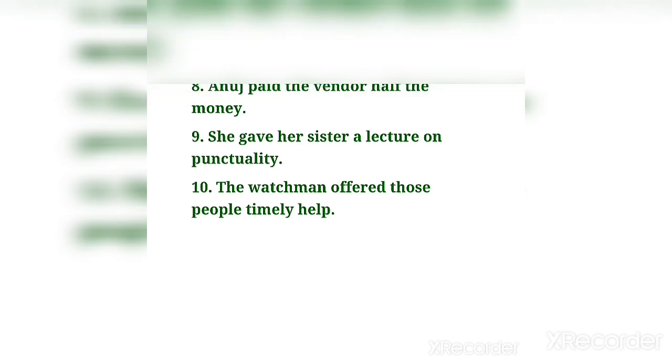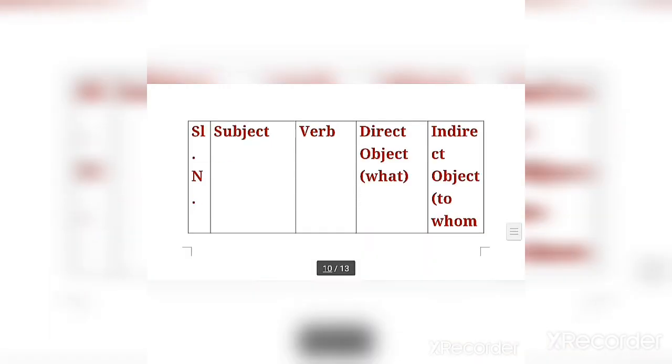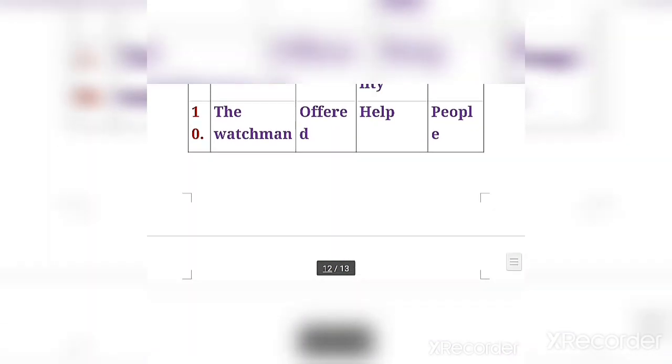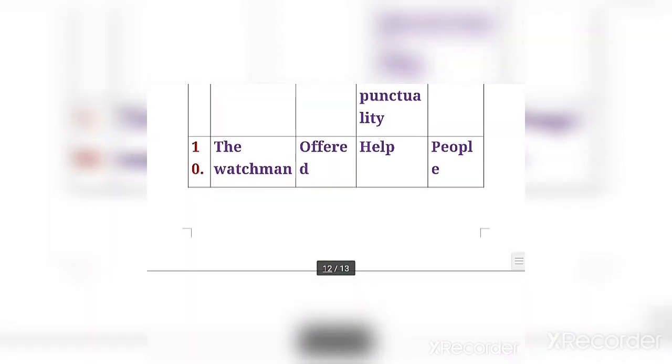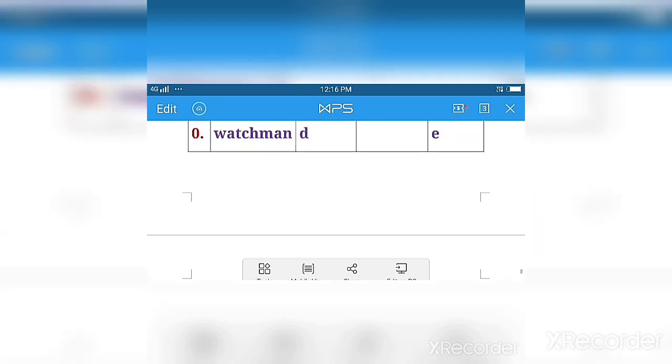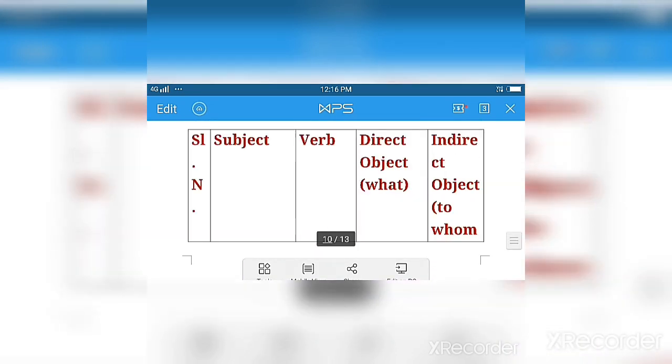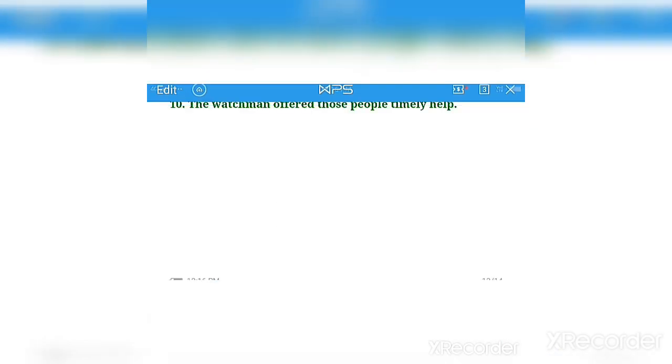Okay, so she is the subject, gave is the verb, a lecture on punctuality is the direct object, and sister is the indirect object. Then after, the watchman offered those people timely help. So here you can see that the watchman is the subject, offered is the verb, timely help is the direct object, and people is the indirect object.